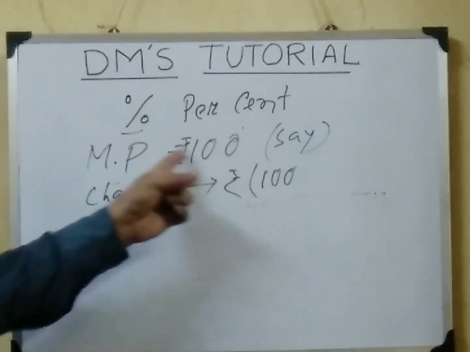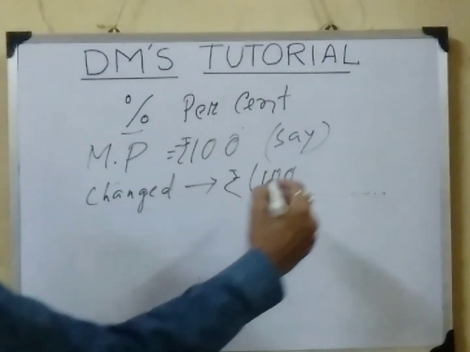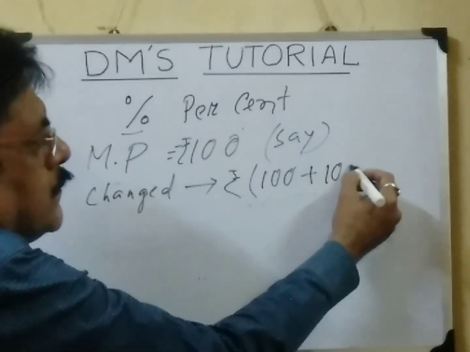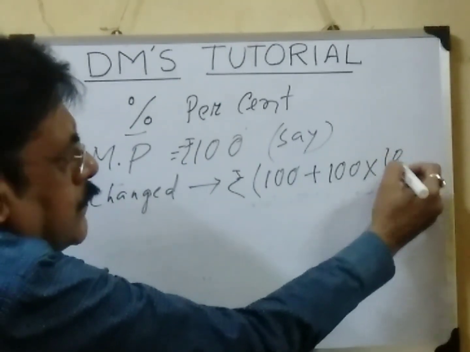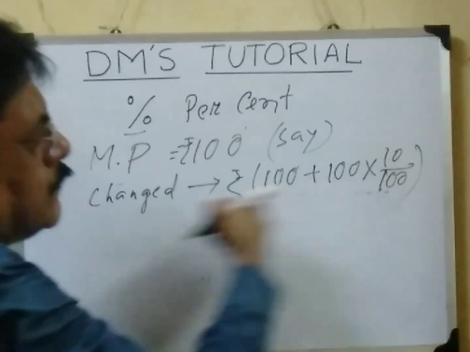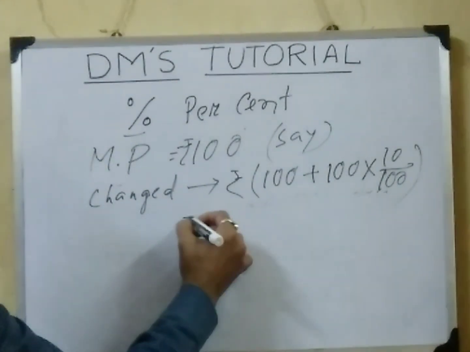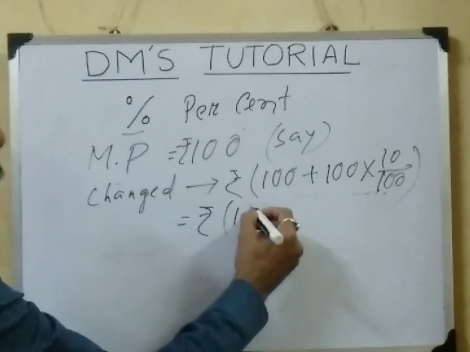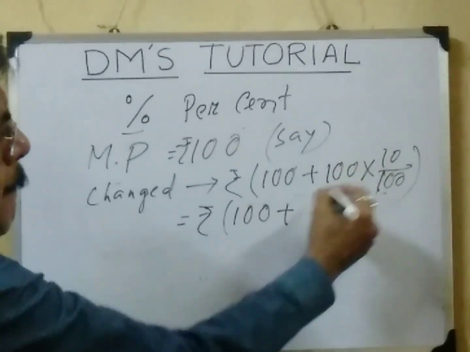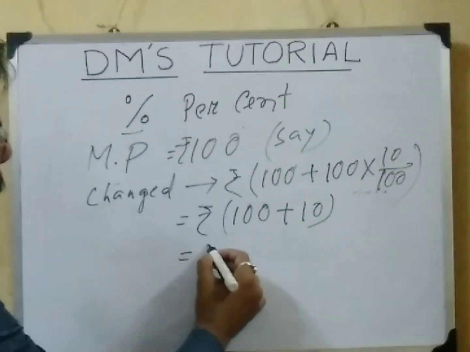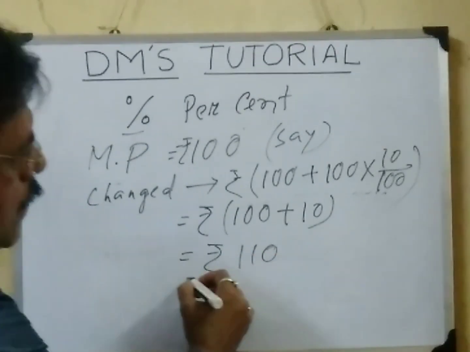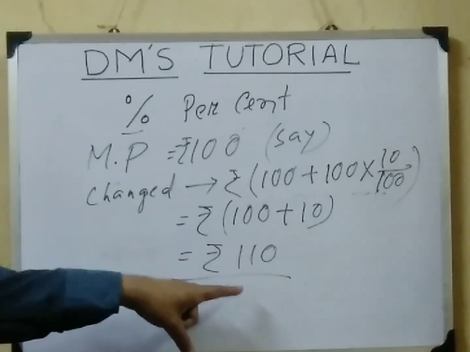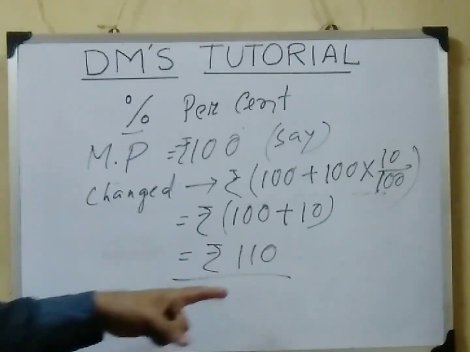Rupees 100, this was the primary printed price or marked price, increased by 10% of it. So the changed price is rupees 110. This is the new selling price or new printed price on the material.